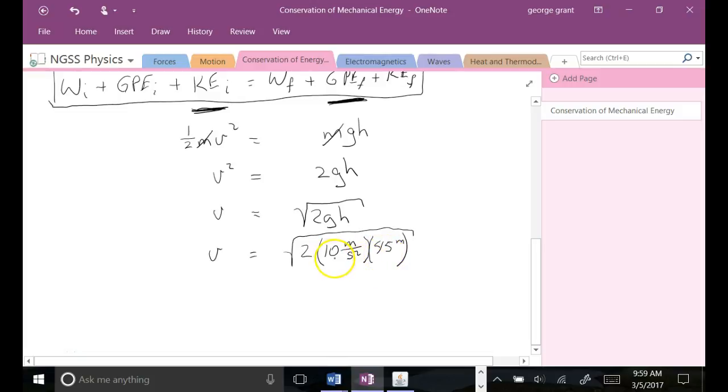So 45 times 10 is 450, times 2 is 900. So v is equal to the square root of 900. And the units, meters times meters is meters squared, and we have seconds squared. So that's going to be meters squared per second squared.